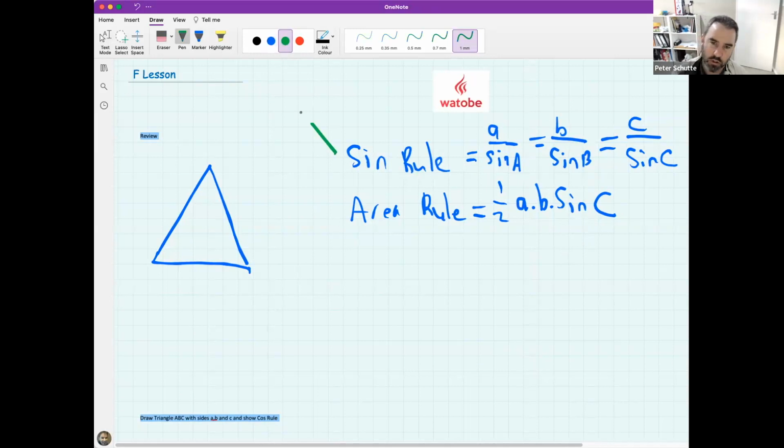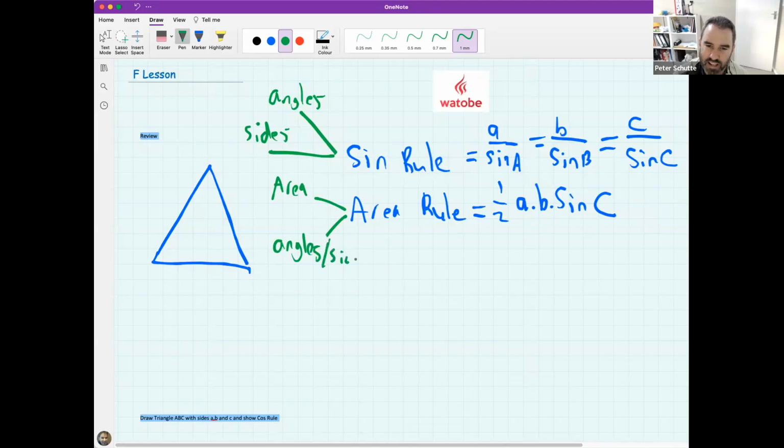Naomi has said we use the sine rule to find either angles, or sides. Absolutely. And the area rule, we used it to find the area. And actually, it was also possible to find angles and sides, but in a less direct way. The main focus was area.